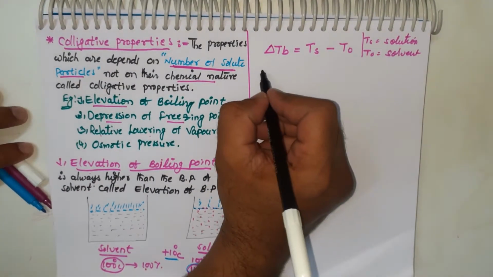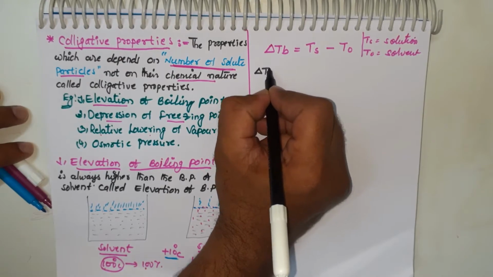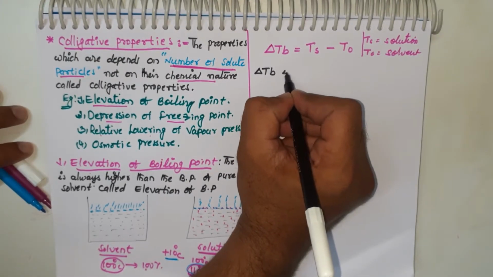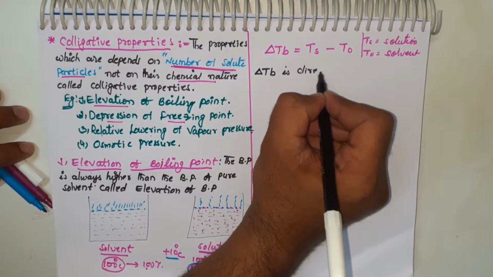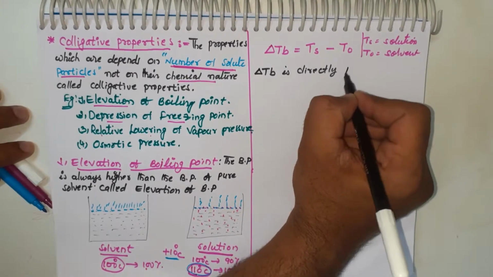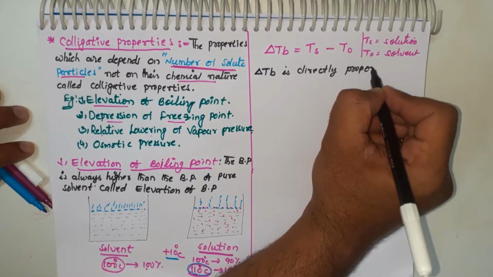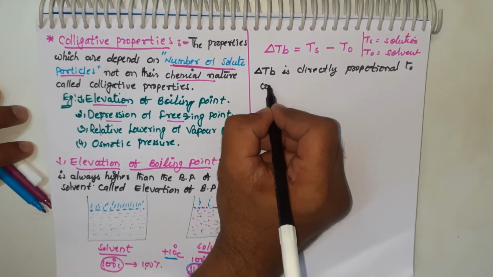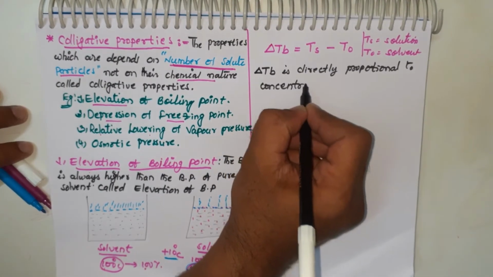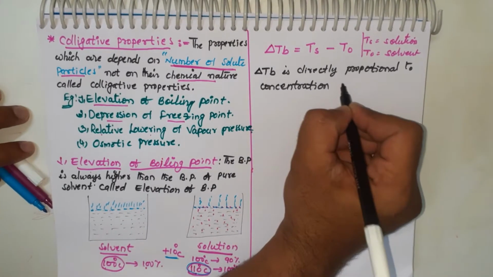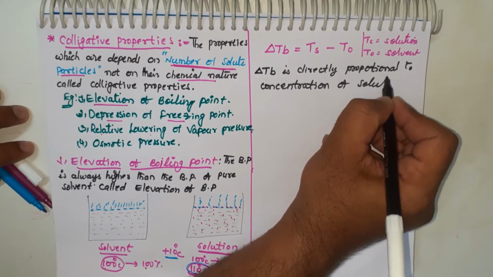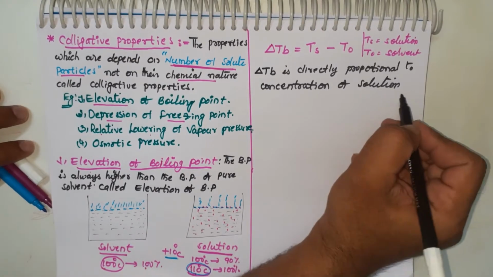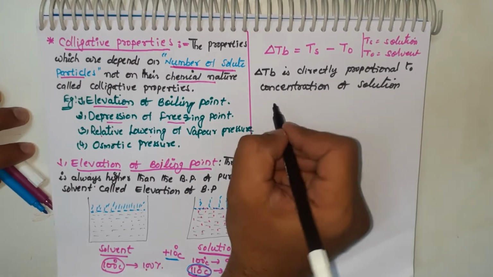So delta Tb is directly proportional to the concentration of the solution. Concentration depends on the solute.